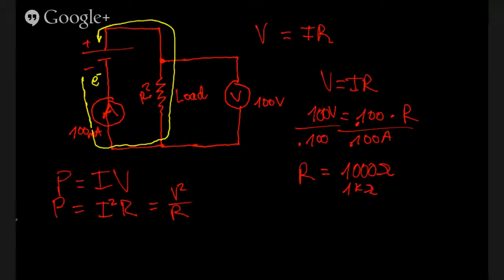So let's find out how much heat we're wasting. Pretty simple. We plug it into our other equation here. We already have voltage and current, so we know that power is 100 volts times 0.1 amp. Simple multiplication, we get 10 watts. This might be a unit you're familiar with: 60-watt light bulbs, 10-watt light bulbs.